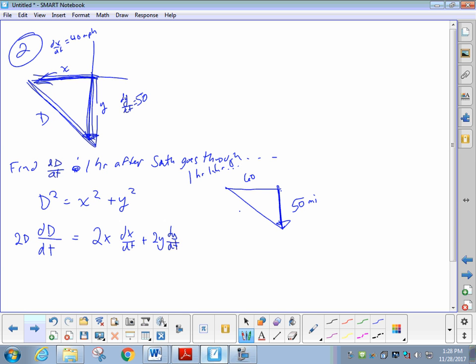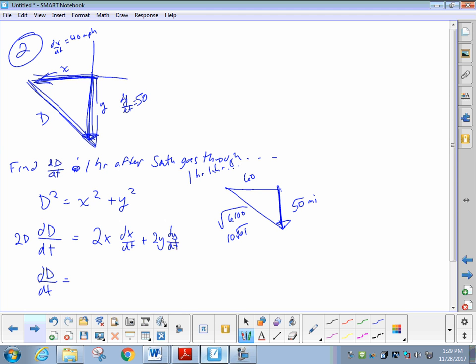By Pythagorean theorem, this would be something like the square root of 5,100, or did I do that wrong? Is that what you said? 6,100? 36, you're right, 36 plus 25 is 6,100. So 10 root 61. Check. Now you're ready to throw everything in here. There's dd/dt, which is what you wanted.